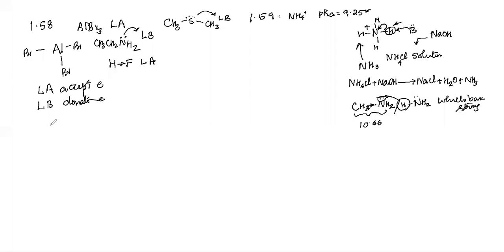CH3OH plus HCO3 minus gives CH3O minus plus H2CO3.